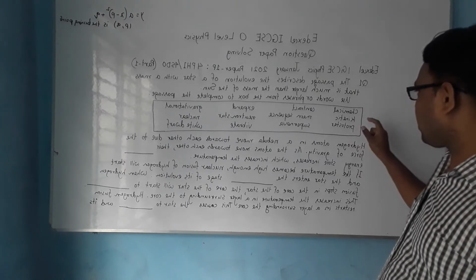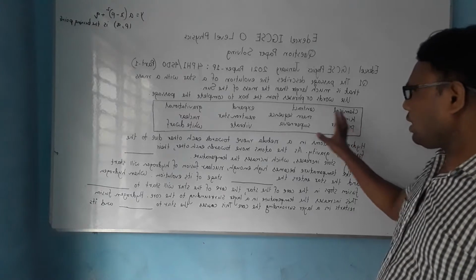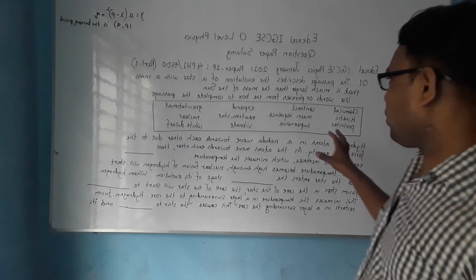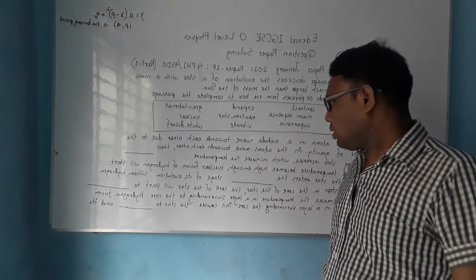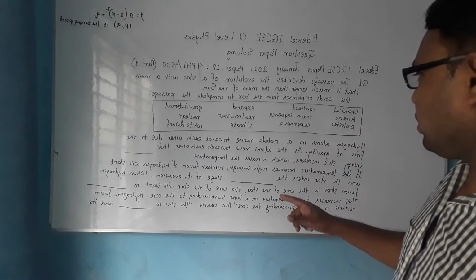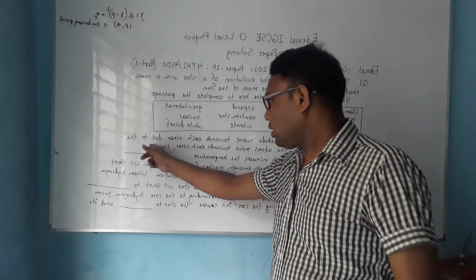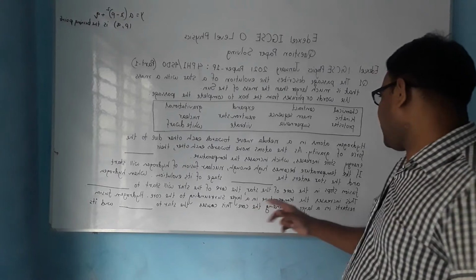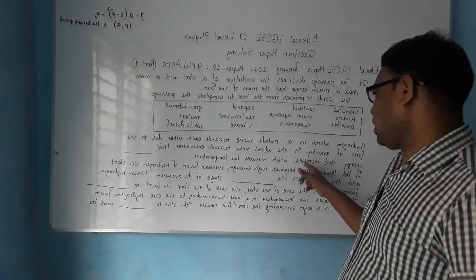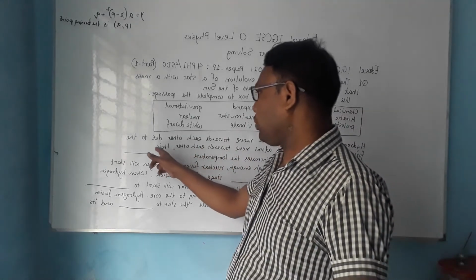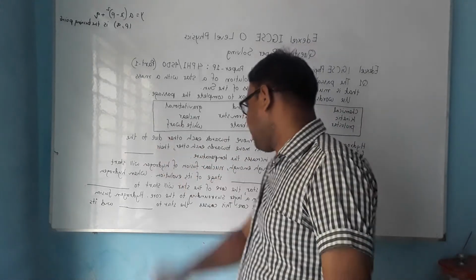Chemical, kinetic, protostar, like there are 4 words in the box. So we have to choose one word. In the first blank, kinetic energy store increases. So the first blank, we have to use the word kinetic.